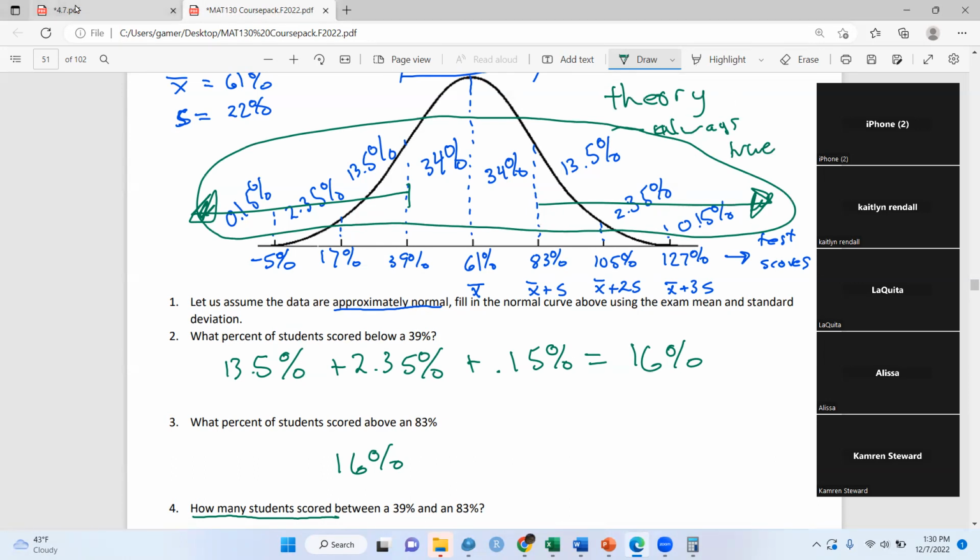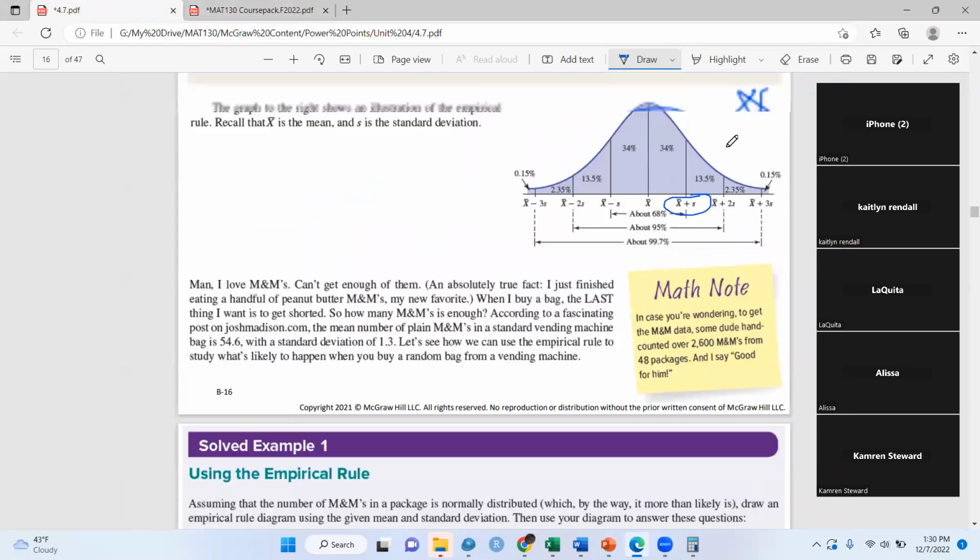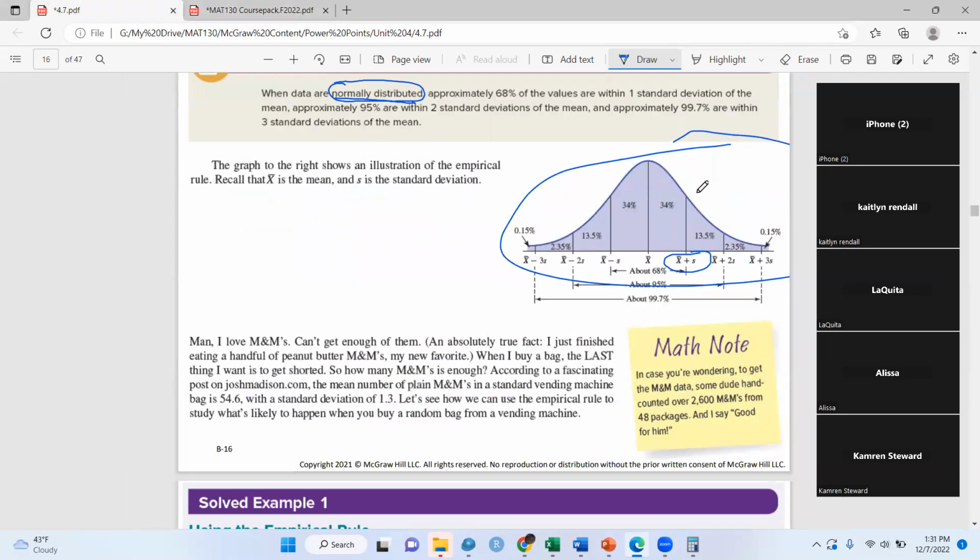So when we say this data set is approximately normal, this pops into your head. You've got that memorized, or this is on your reference sheet. So these little percentages are just the known percentages for a normal distribution every single time.